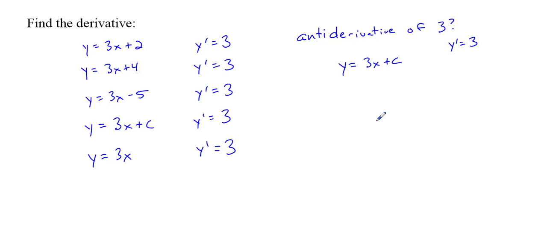Cool. What if y prime equals, let's see if we can come up with this, 3x plus 4. What would y equal then? If this is the derivative, what would y equal? What derivative would give you this answer? Okay, so it has to be something x squared.